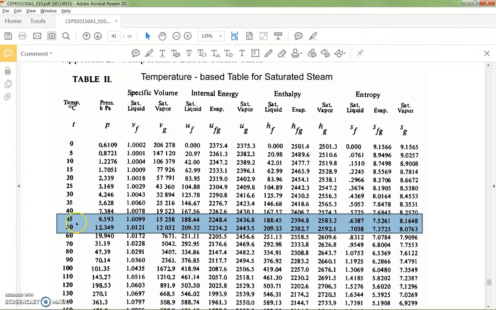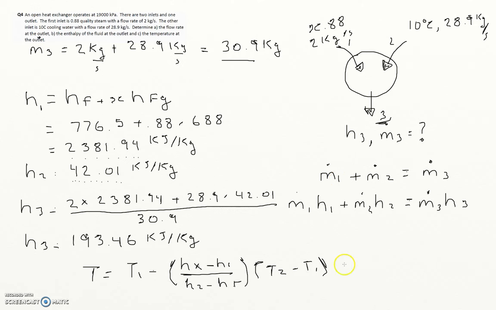If I go back to my tables, my T1 is going to be 45, meaning my H1 value for this formula is going to be 188.45. My H2 value relates to T2, which is 209.33. If you add in your values correctly, with T2 being 50 and T1 being 45, what we should find is that you'll end up with a temperature of 46.2 degrees Celsius.